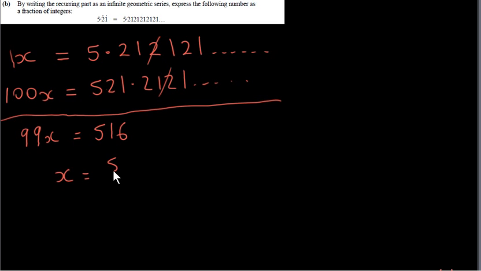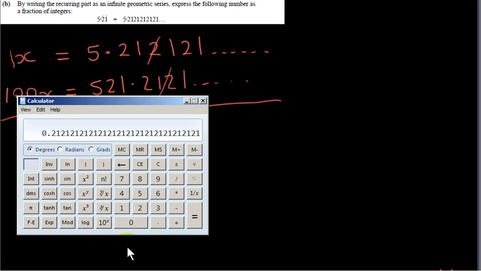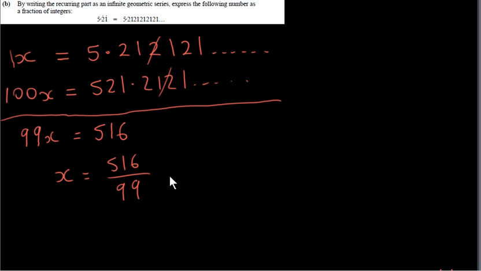So x is 516 divided by 99, and you can break that down. 516 divided by 99, so that's 5.21 recurring. So that checks out. Or we can write it as, like before, 5 and 21 over 99, or 7 over 33.